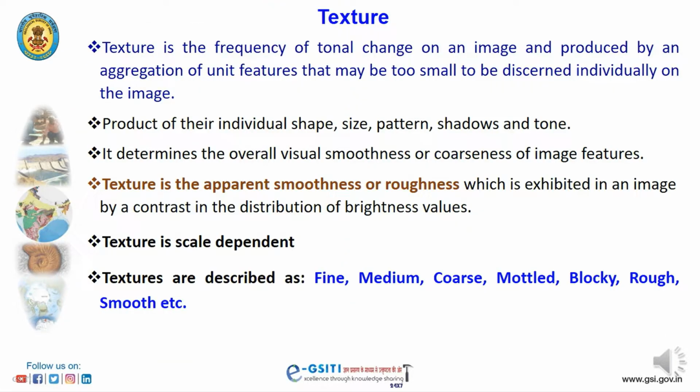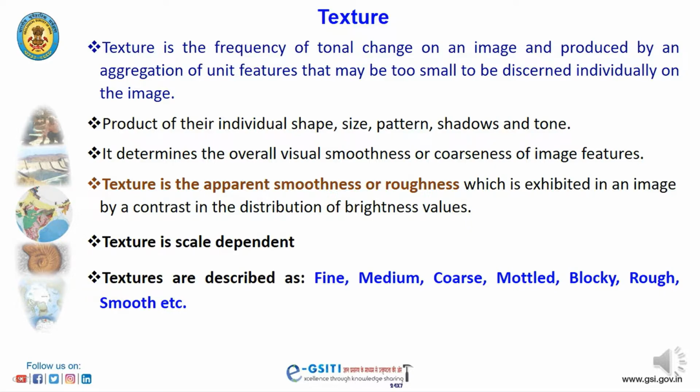The next key element is texture. What is texture? Texture is the frequency of tonal change on an image, produced by an aggregation of unit features that may be too small to be discerned individually on the image.